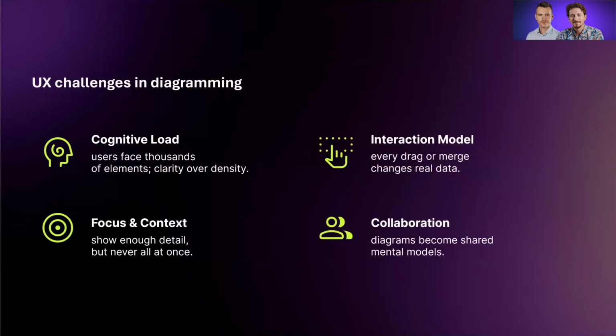It's just too much to have in our head all at once, right? And to understand anything interesting from it. So figuring out which elements to show, how to group them to provide this clarity of vision is one very important thing. Another thing comes down to focus and context.